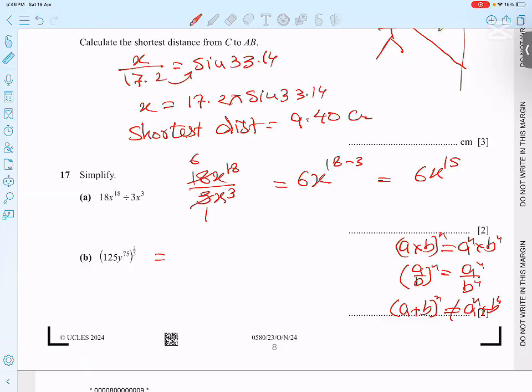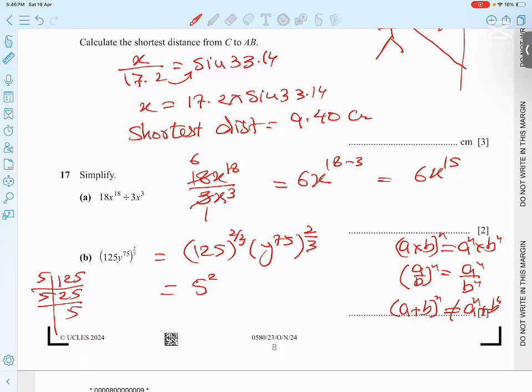So I can say 125 to power 2 by 3 separate, and y to power 75 to power 2 by 3 separate. But you can't type in the calculator because this is without calculator. So what is 125? If you forget in an exam, do like this: 5 times 5 times 5, so 5 to power 3 inside, with 2 by 3 on top, and y to power 75 into 2 by 3.